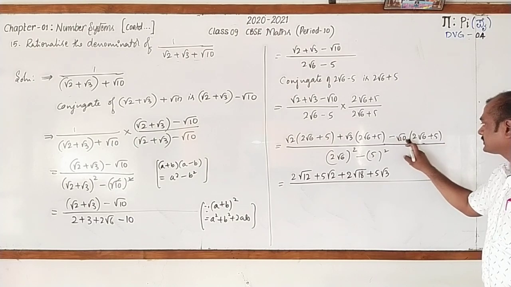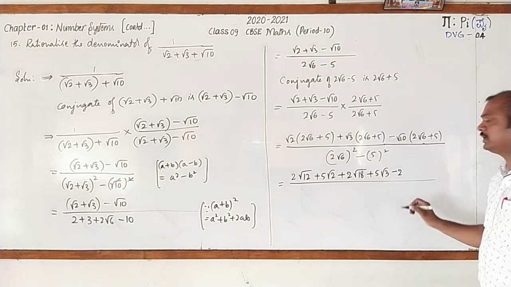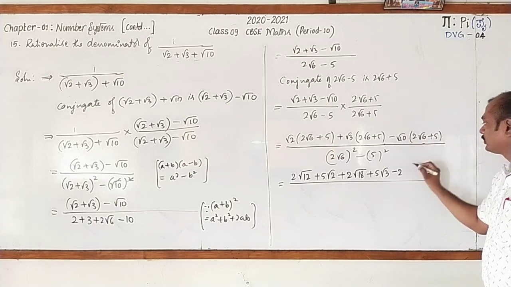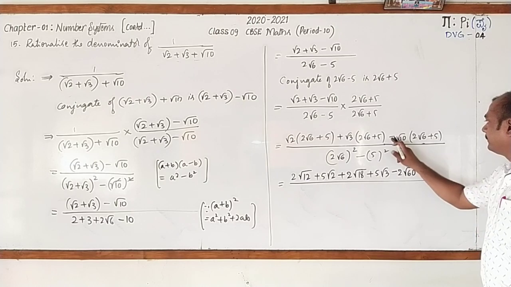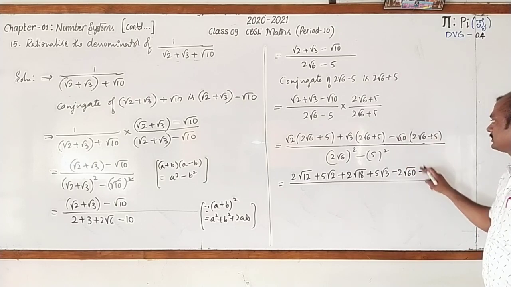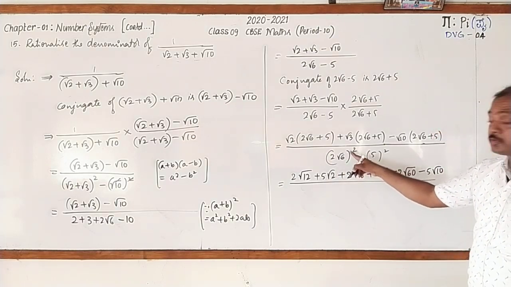Now minus 10, 2 root 6, minus as it is, coefficient as it is, root 10 into root 6, root 60. Minus into plus is minus, root 10 into 5, 5 root 10, whole divided by, apply square to both.